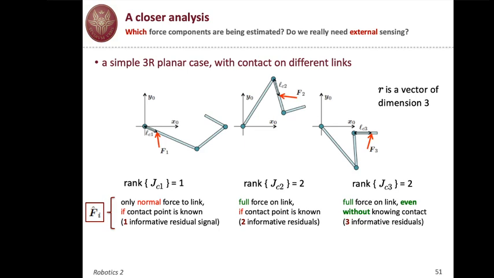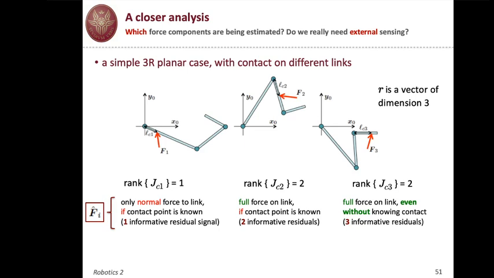But since we have now all three components of the residual vector being different from 0, with this information and some elaboration, you can really understand also where the contact point is, and this is the third missing information. The fact that you're contacting link 3 is just because the three residuals are all different from 0, and this is the only case where this happens.